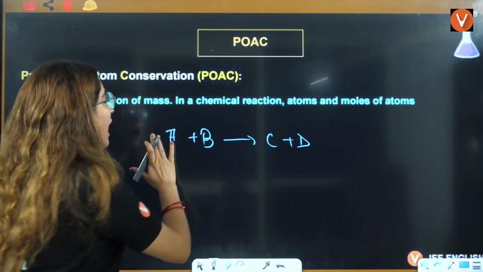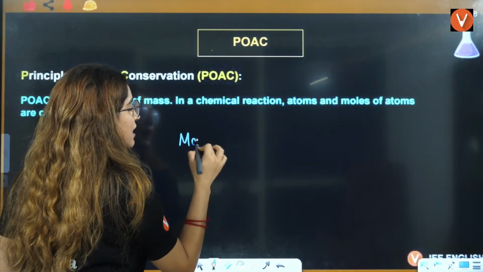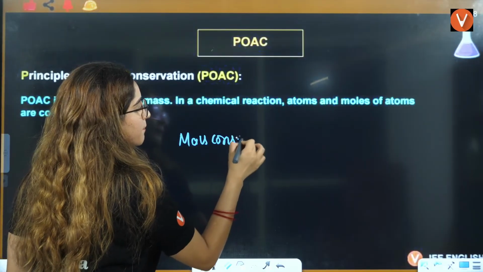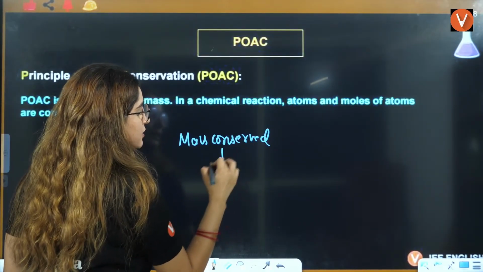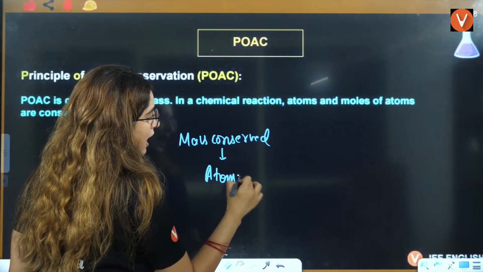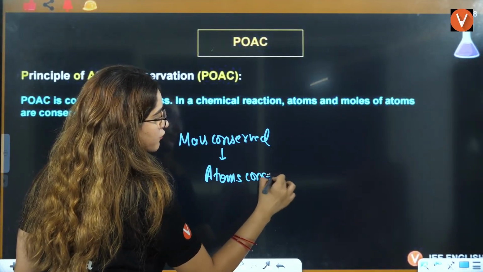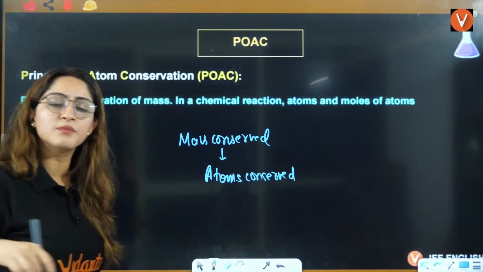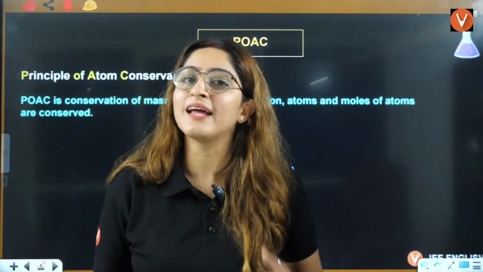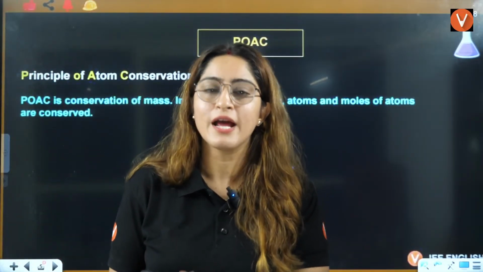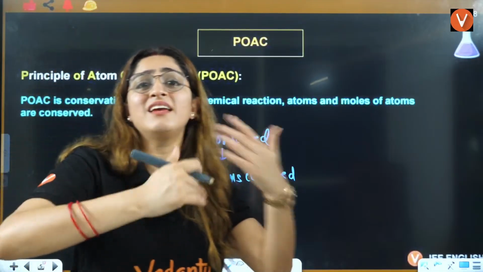We know that mass is conserved because atoms are conserved. If the atoms are not conserved, then the mass will also not be conserved. It's just that atoms are getting rearranged here.